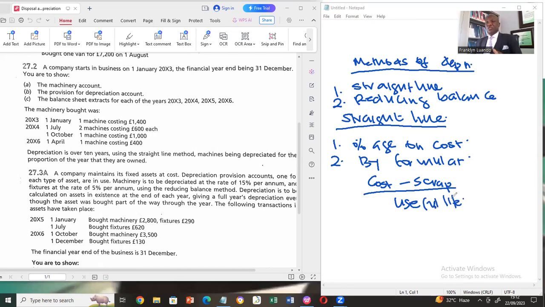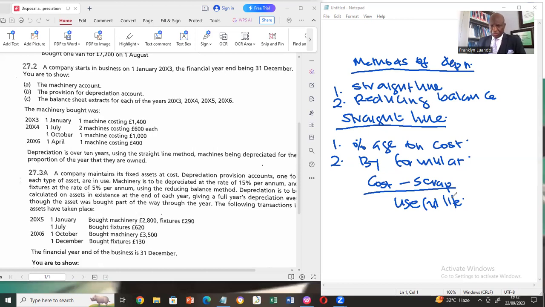So if you are given the useful life of the asset, the cost, and the scrap value of the asset, then you can use the formula to calculate depreciation. So basically, those are the two methods under the straight line method.